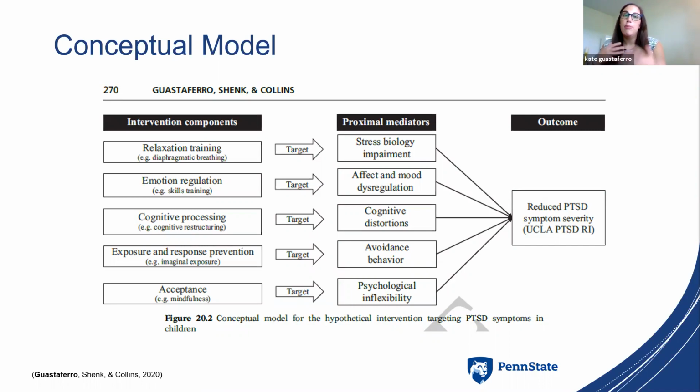And it can be simple, like you see on the screen, or it can get more complex, which I'll show you in a couple minutes. But the important part to note about the conceptual model is it's not a structural equation model, it's not a logic model. This is really about the engine, how you are designing and how you think this intervention is going to affect what you're interested in.